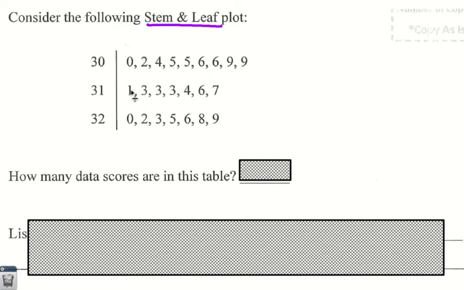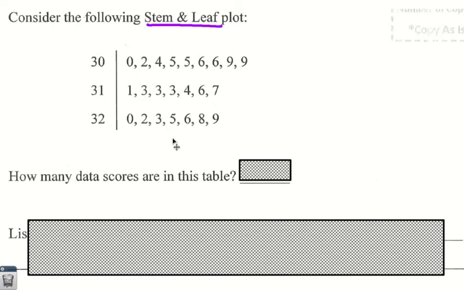And then down here, this would be 311. And then it would be 313, 313, 313. And this would end up being 317. Down here, this would be all the 320s, so 320, 322, 323, 325, 326.